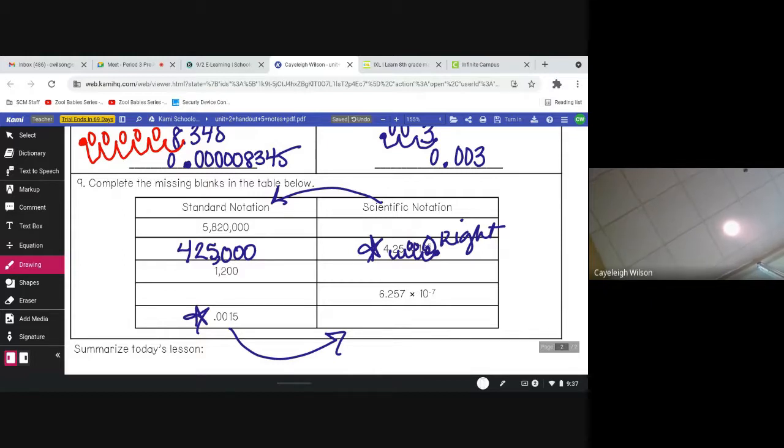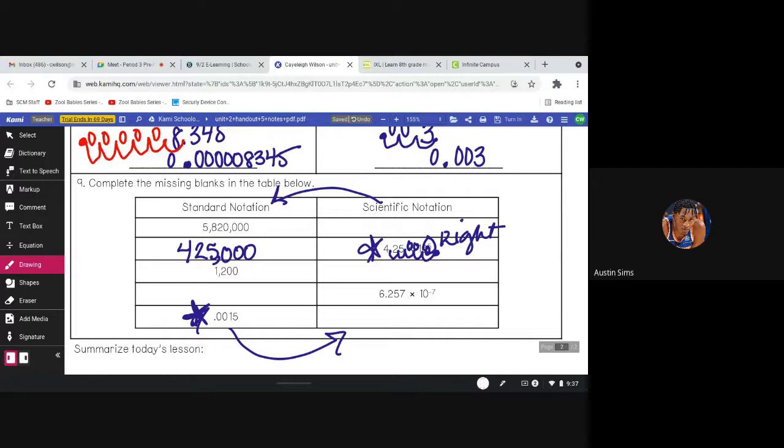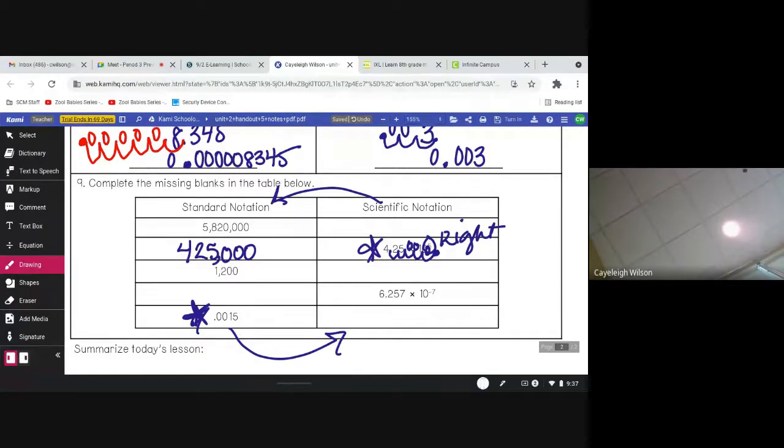All right, this one down here wants us to take standard to scientific. So I'm going to move the decimal until it only has one number in front of it. And this is a small number, so my exponent's going to be, anybody? Negative. Negative is right. So I'm going to go 1, 2, 3.